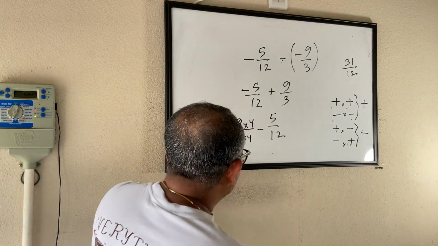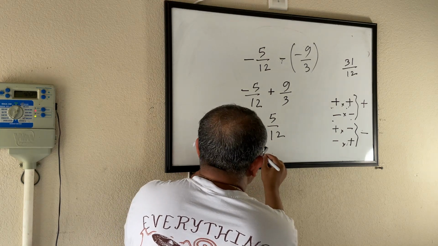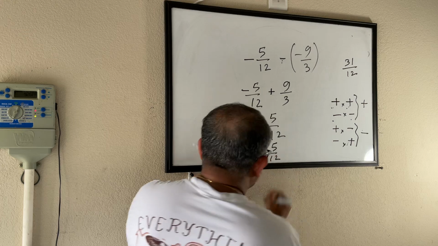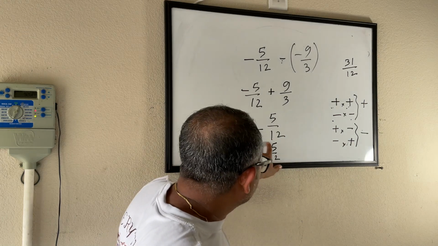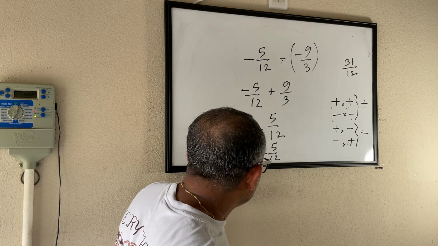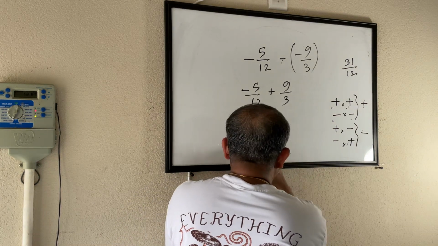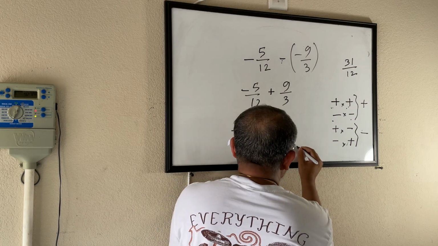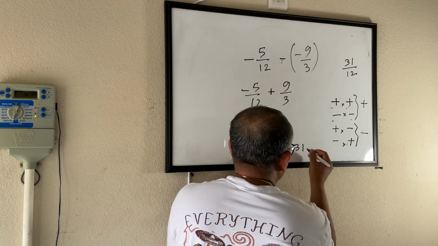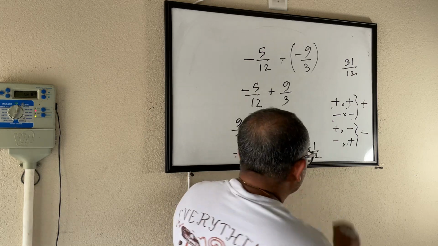So now I have 9 times 4 is 36 by 12 minus 5 by 12. If I say 1 by 12 is a banana, 36 bananas minus 5 bananas. That is 36 minus 5, 31 bananas. 1 by 12, 31 by 12.